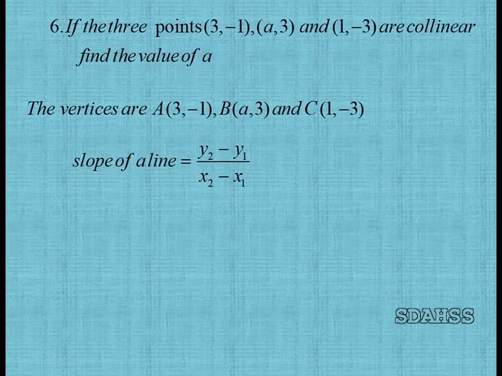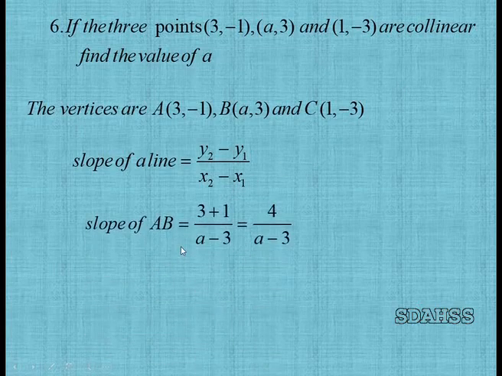Find any two slopes, because here given points are collinear. Now I am going to find slope of AB and BC.